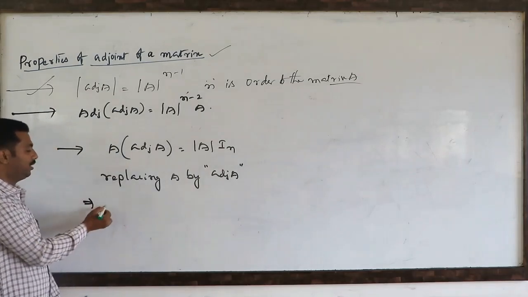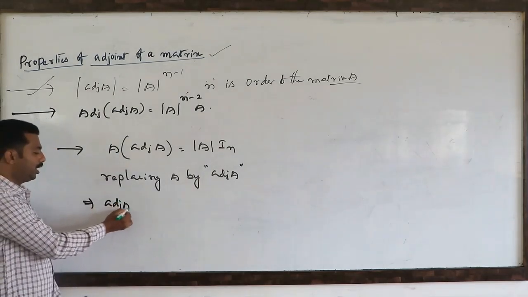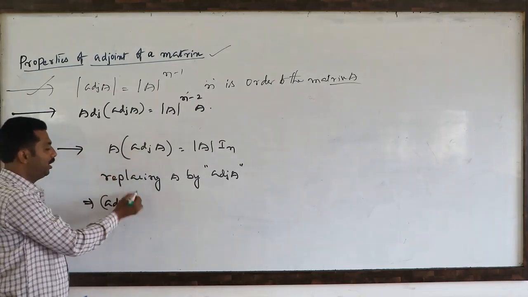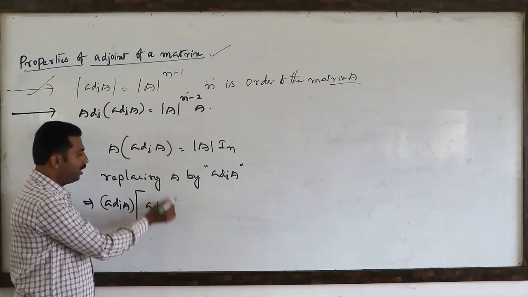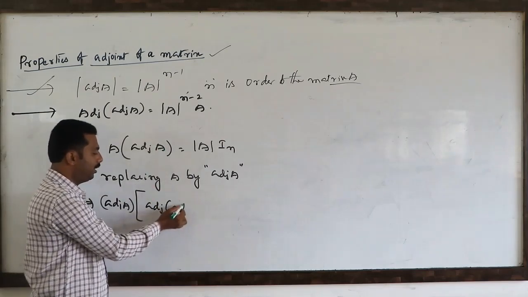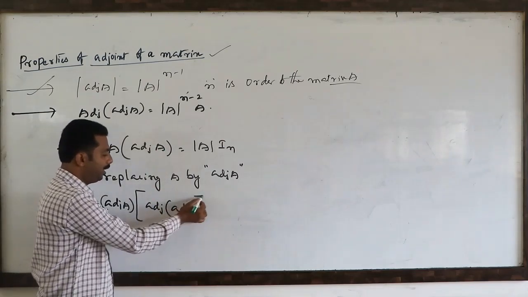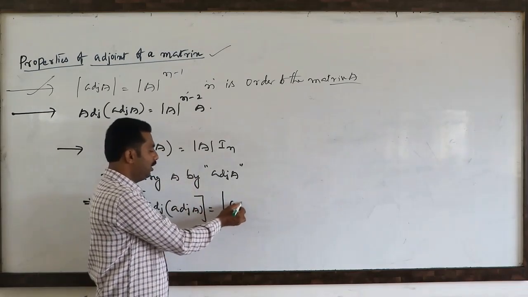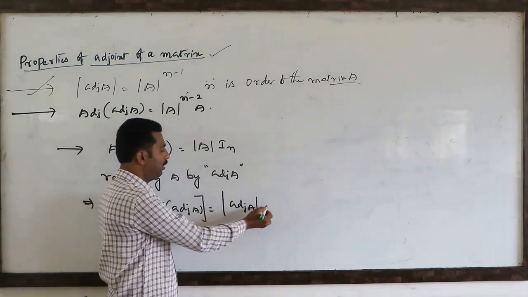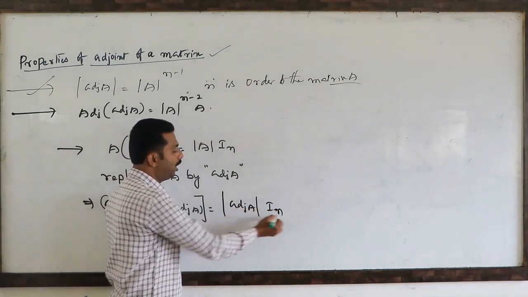Wherever A is there, in that place I write adjoint of A. So adjoint of A into adjoint of adjoint of A equals determinant of adjoint of A into In.